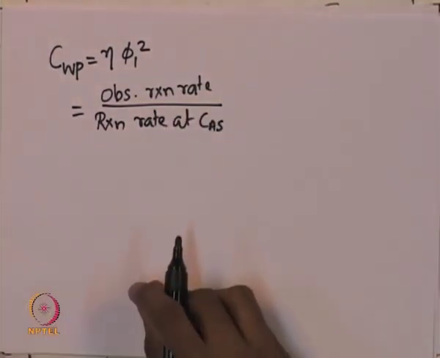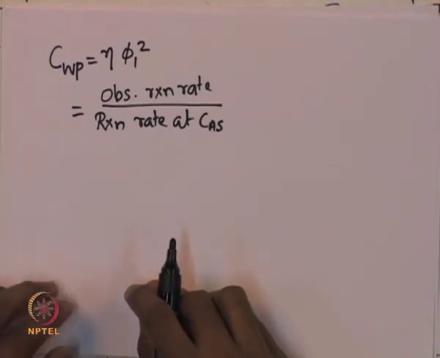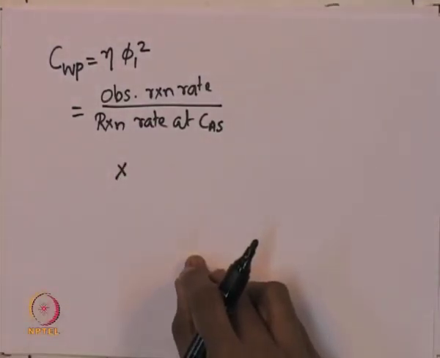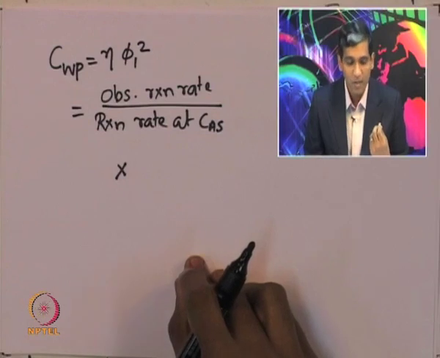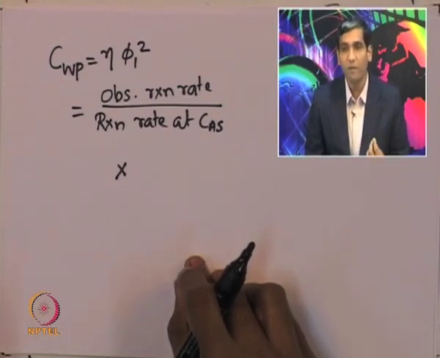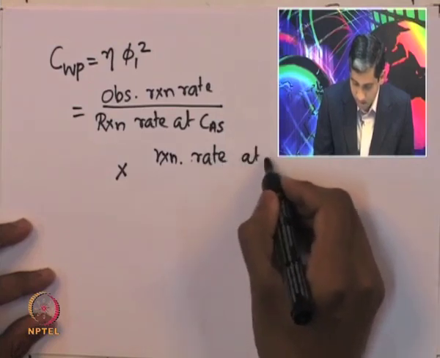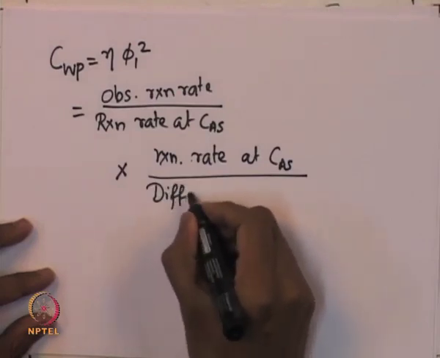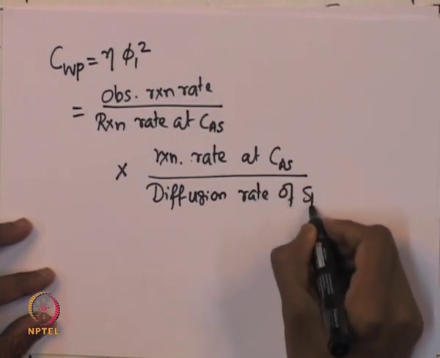If we assume that there are no mass transfer limitations, that will be equal to the concentration at the surface of the catalyst, and that is multiplied by the Thiele modulus. So, phi 1 square is nothing but the reaction rate evaluated at the surface concentration if there are no mass transfer limitations, divided by the diffusion rate of the species that is actually undergoing the reaction. So, that will be the reaction rate at CAS divided by the diffusion rate of species A.